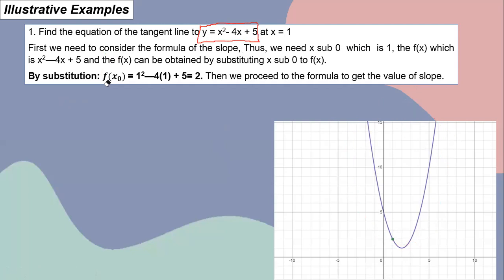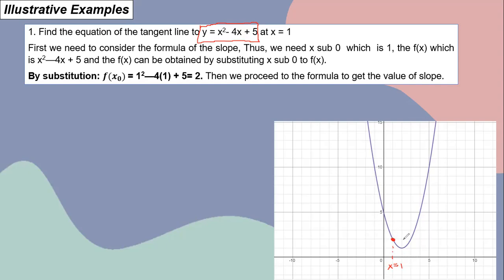Okay, so equation of the tangent line to this parabola at x is equal to 1. So nasan ba yung x is equal to 1? So ito po yun. So at x is equal to 1, okay.